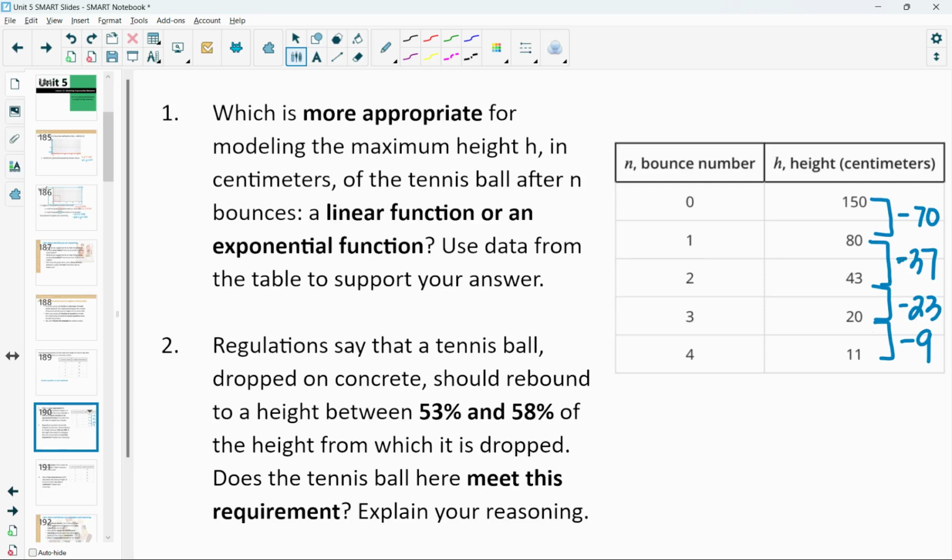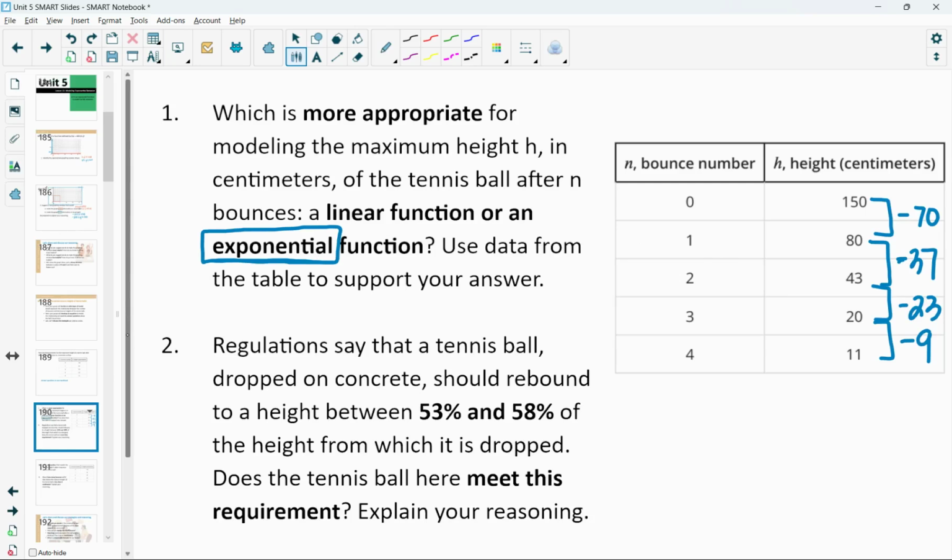They're not all around the same number. You have a pretty big difference here. So I'm going to say exponential because the average rate of change is decreasing over time, right? We went from a change of 70 down to 37, 23, 9. So I would say an exponential function.